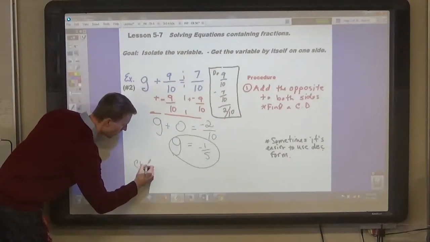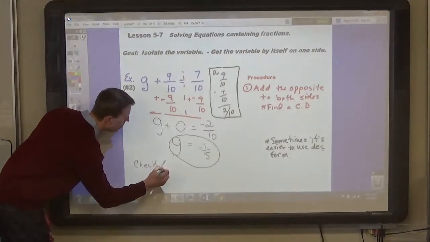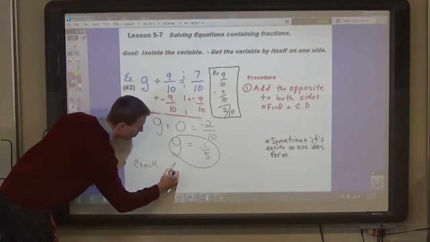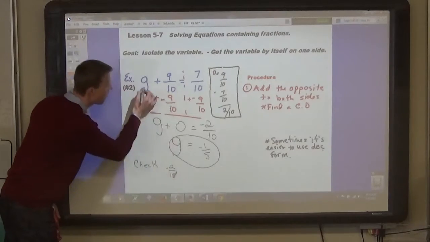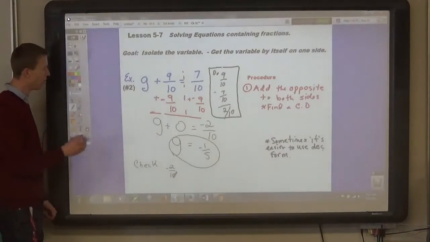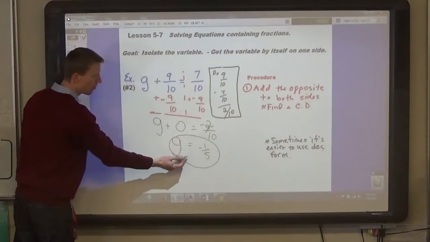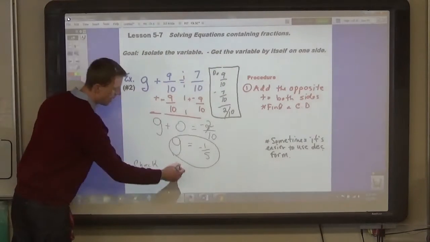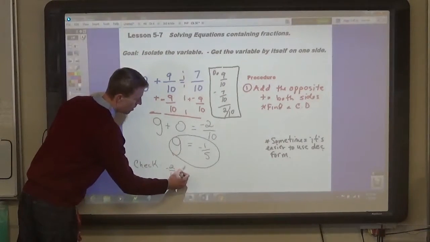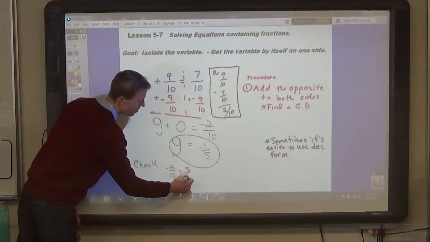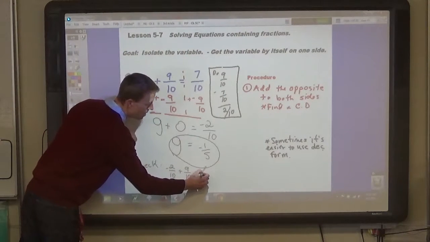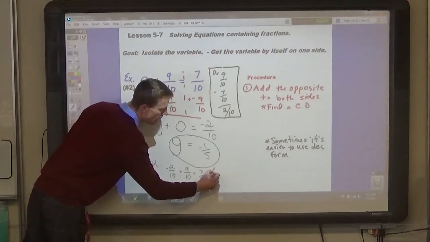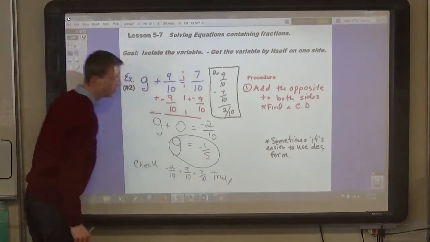So you write check, and then you write negative 2/10. Instead of writing g, we replace the solution for g: negative 2/10 plus 9/10 equals 7/10, and that is true.